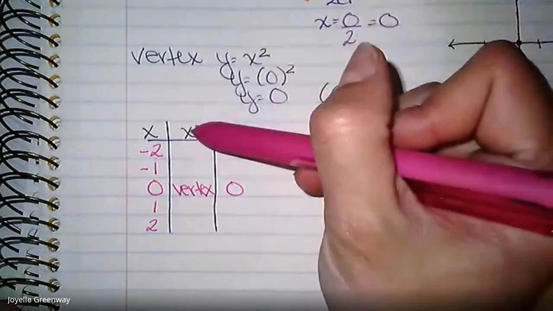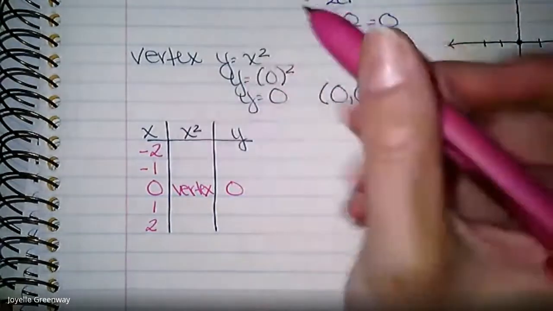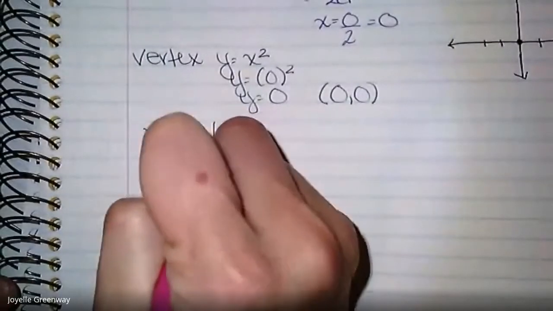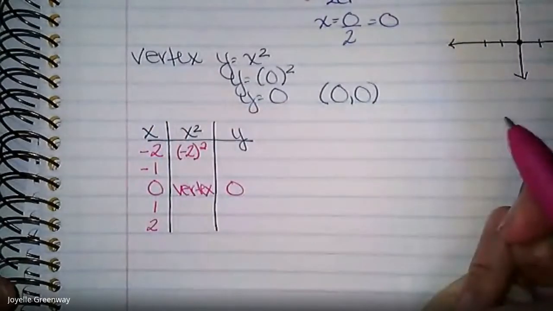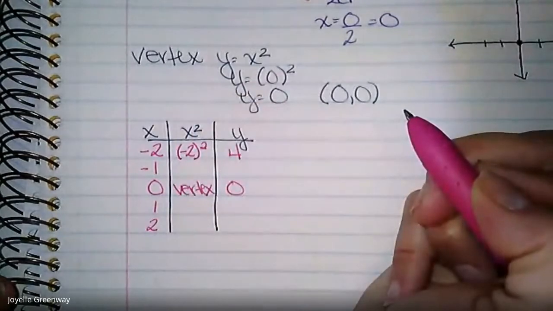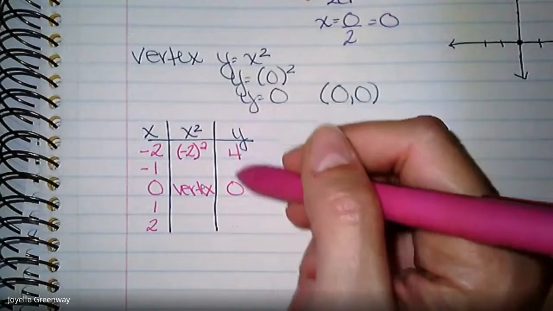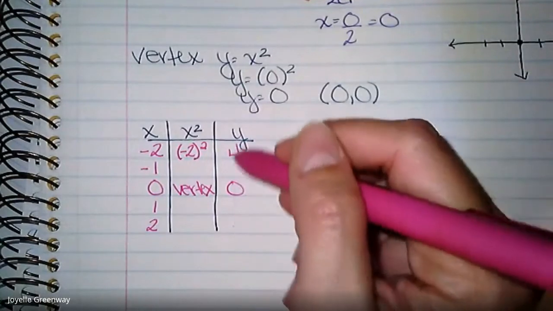Okay? So now I can substitute negative 2 into x. So negative 2 quantity squared. So negative 2 squared is 4, positive 4. So I know that this is symmetrical.